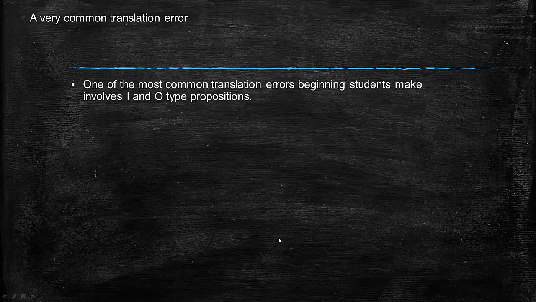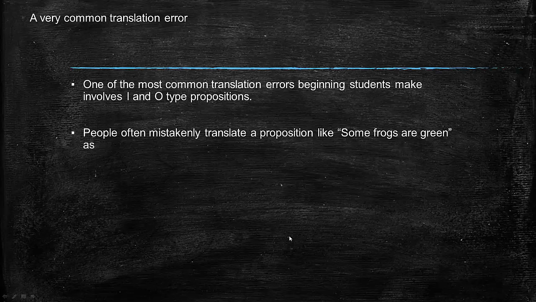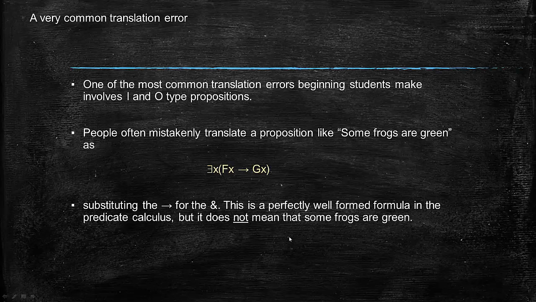Now, one of the most common translation errors that beginning logic students make involves the I and the O type propositions. So I want to call this to your attention and see if I can help you to avoid it. People often mistakenly translate a proposition like some frogs are green as there exists an X such that if X is a frog, then X is green.